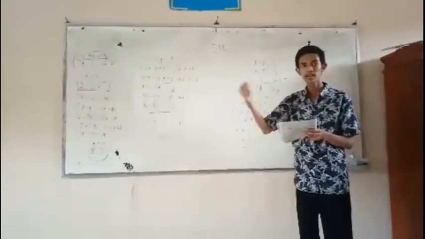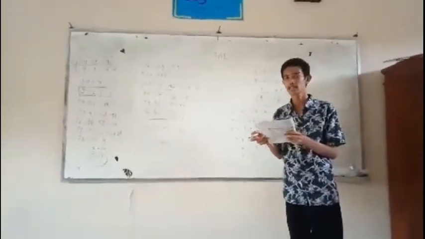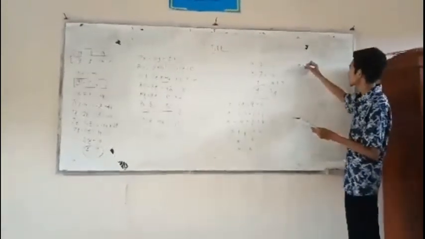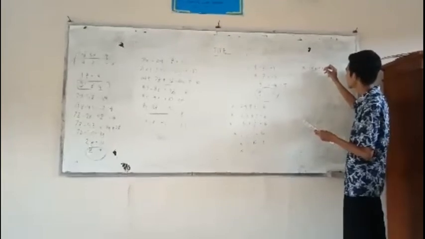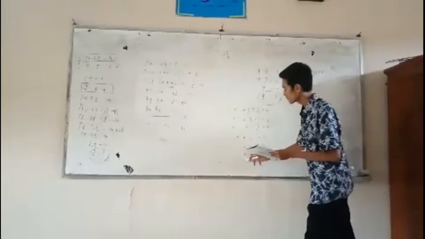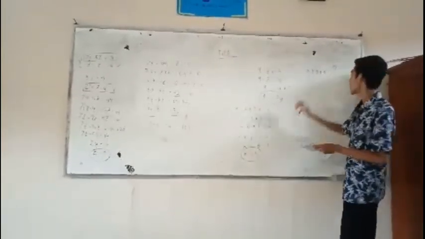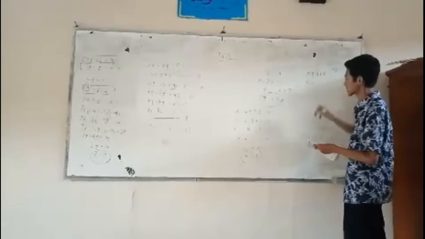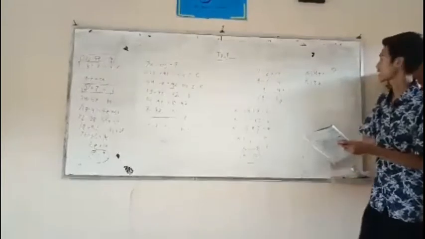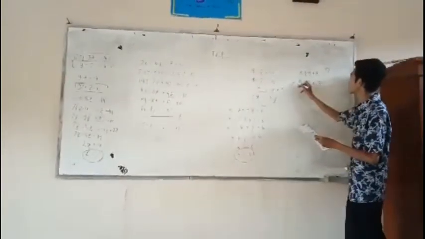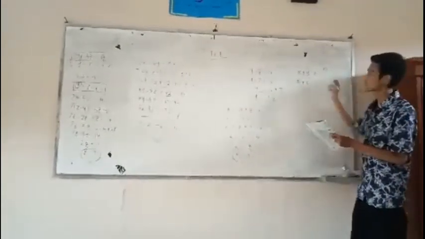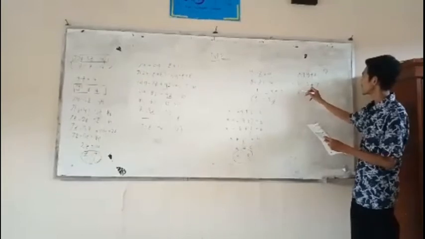And back to the first question, we must find the value of x plus y plus z. So we input it. The value of x is 5 plus 3 plus z 7. So we get the final result that x plus y plus z equals 15.